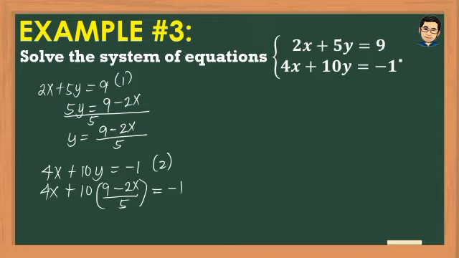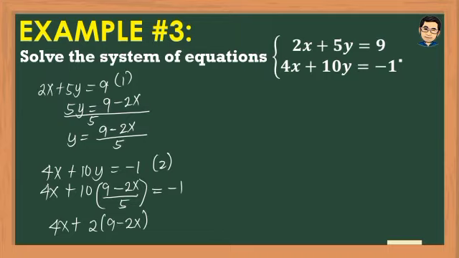And then, yung 10 tsaka 5, pwede natin yan i-cancel. So 4x plus, and then 10 tsaka 5 magiging 2 times 9 minus 2x. So bakit naging 2? It's because ang greatest common factor ng 10 and 5 is 5. So kapag yung 5, dinivide natin sa 5, magiging 1 na lang. So pwede rin natin isulat as 9 minus 2x.